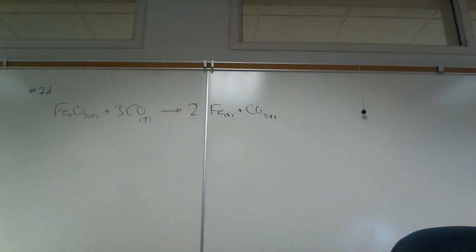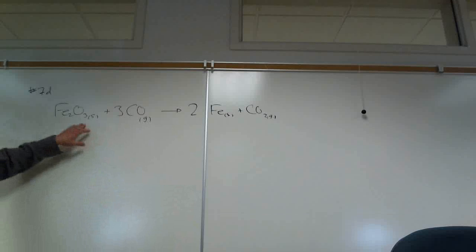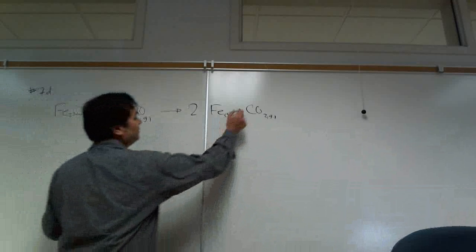For each of the following reactions, indicate whether delta S for the reaction should be positive or negative. If it is not possible to determine the sign of delta S from the information given, indicate why. Alright, so let's take a look at this one here.